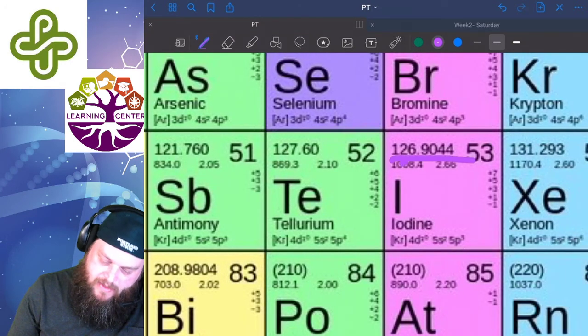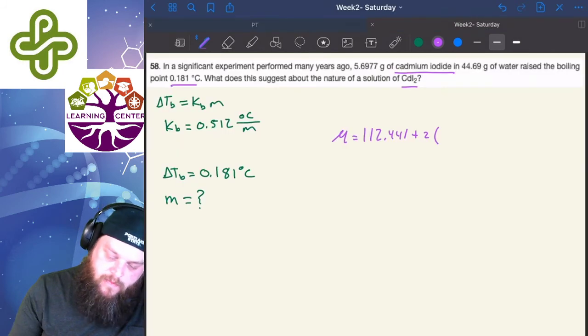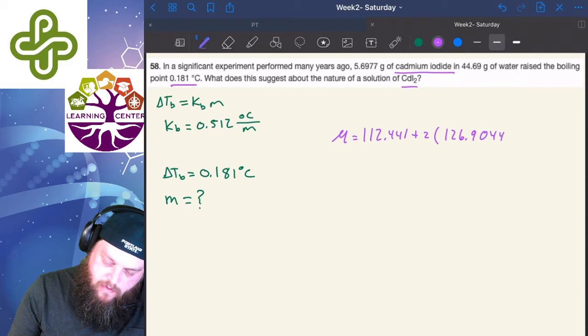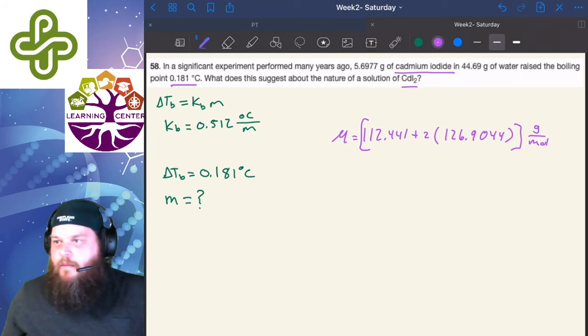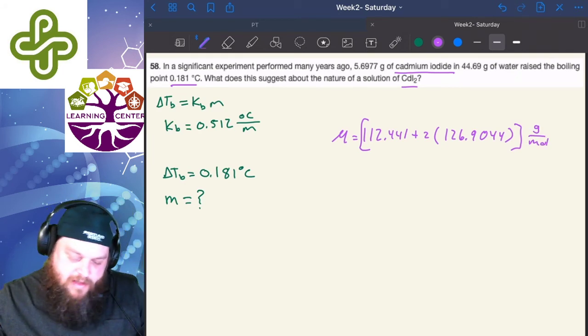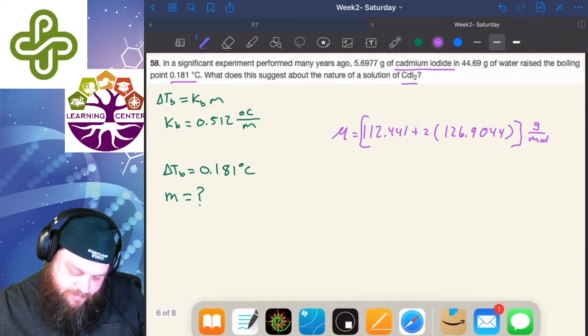Iodine is 126.9044, and all of that is in grams per mole. So we can use that to find our molecular weight.